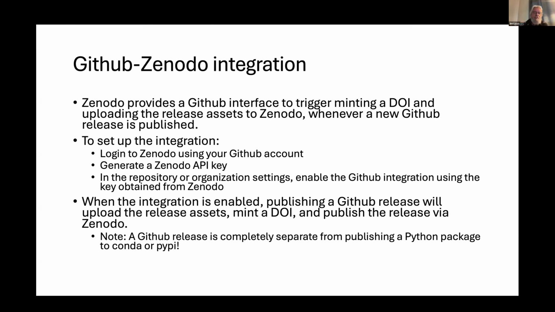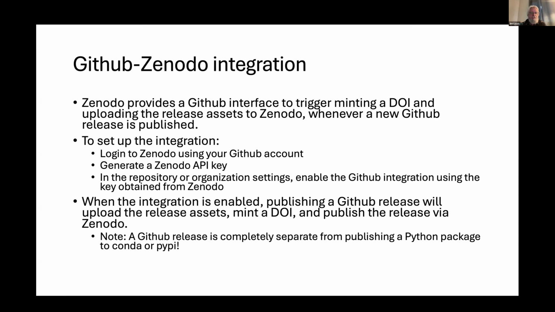You can generate an API token on the Zenodo side. And then going back to your GitHub repository or organization settings, there's a way to turn on the Zenodo integration and enter that API key. And that's what authenticates that repository when new releases are being made.